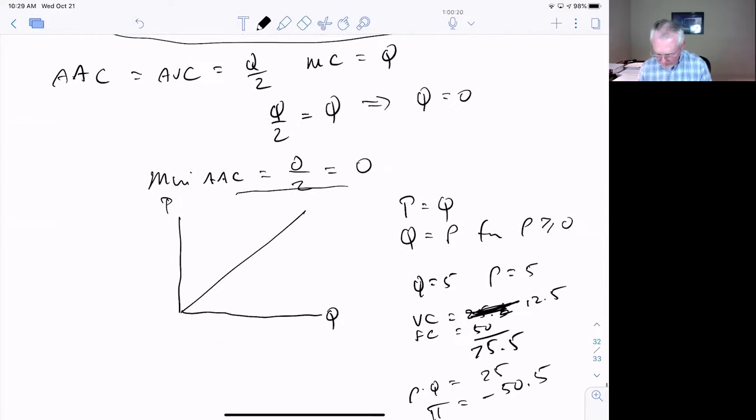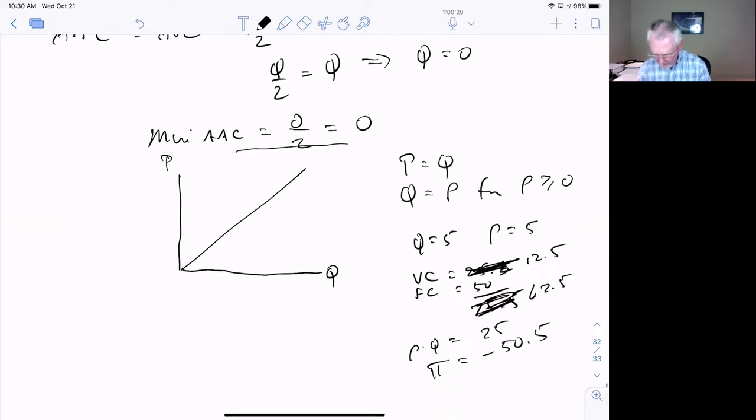So his total costs are going to be 62.5. So 62.5 minus 25, how much is that? So Dan's profits are minus 37.5, but that's better than minus 50.